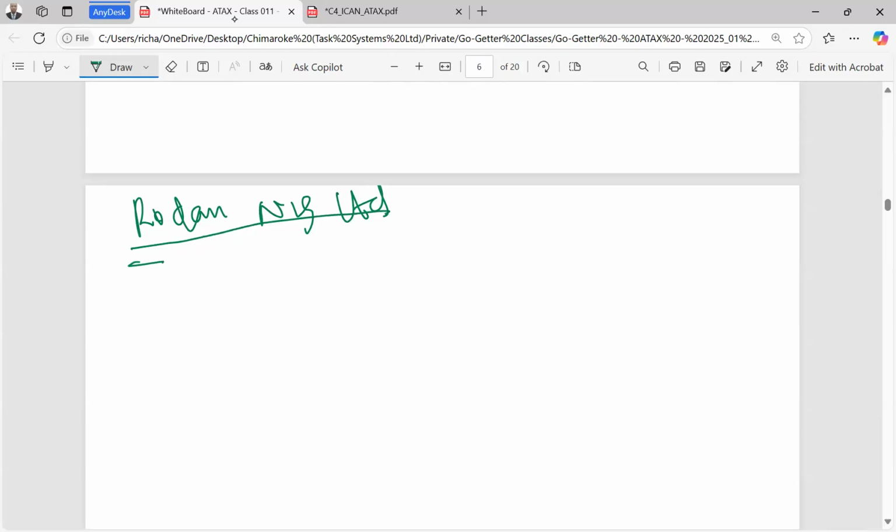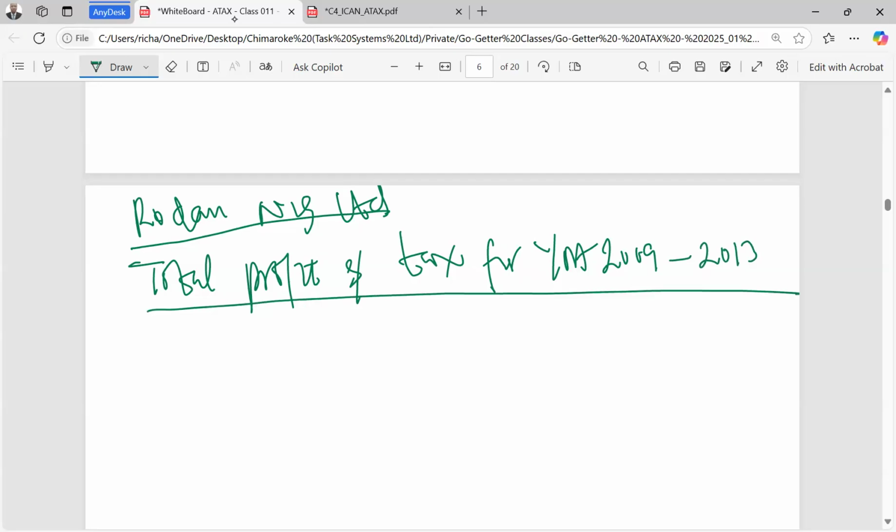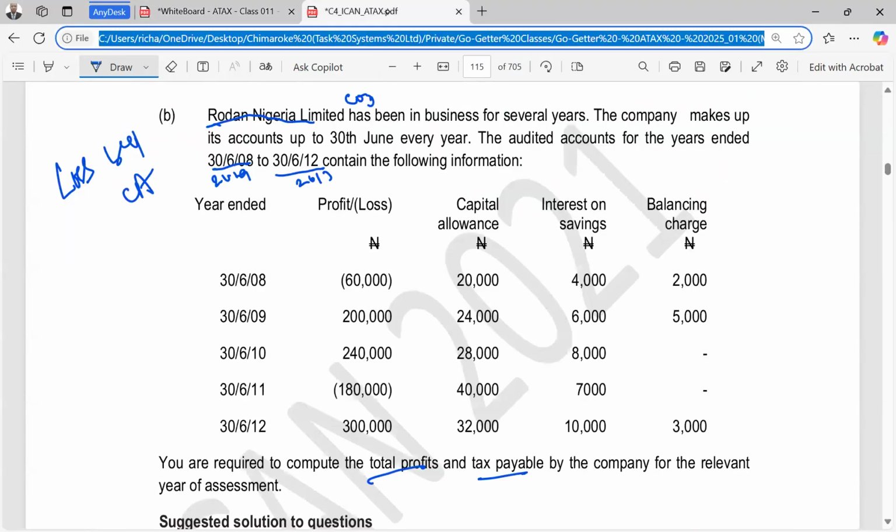We now say total profit and tax for year of assessment 2009 to 2013. All right. So we have, this is called P&L. So this is not assessable profit or loss. We are now going to do the adjustment.